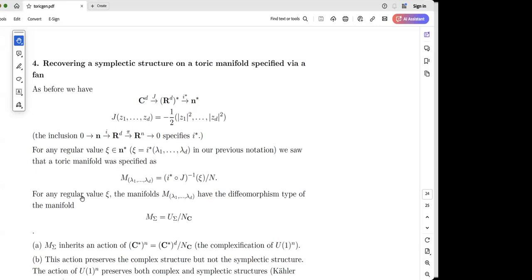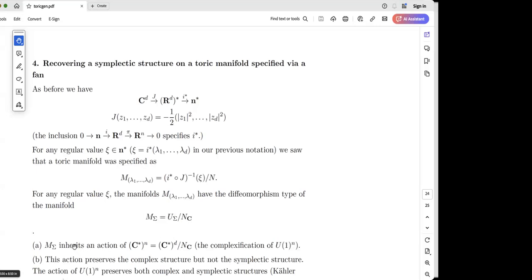For any regular value psi, the manifolds M of lambda 1 up to lambda d have the diffeomorphism type of a manifold M sub sigma, which is equal to U sub sigma quotiented by N_C.